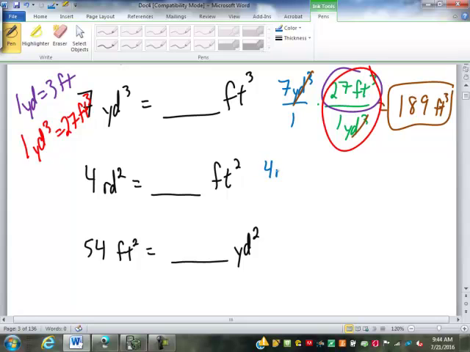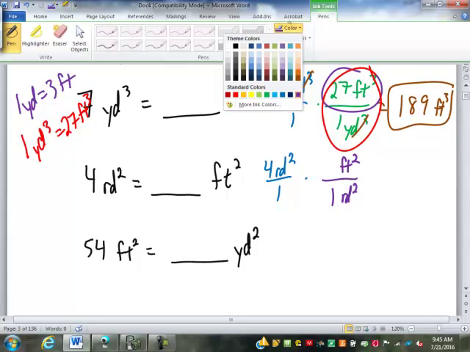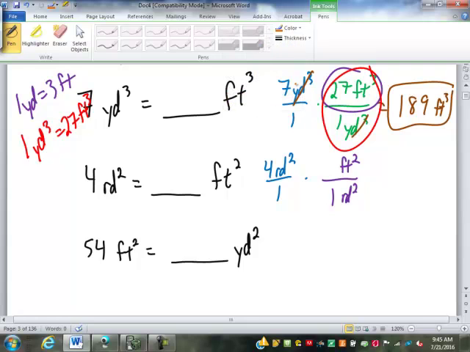Rods. So we got 4 rods squared. We're going to put square rods on bottom here, going into square feet. How many square feet are in a square rod? It's a really good question. There it is. 1 rod is 16.5 feet.